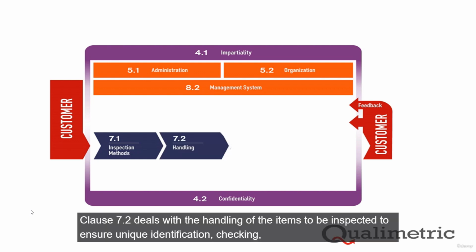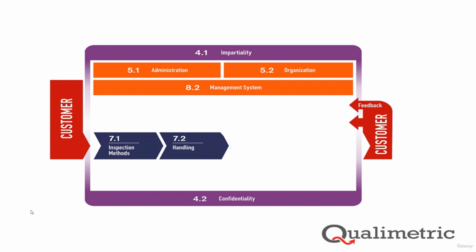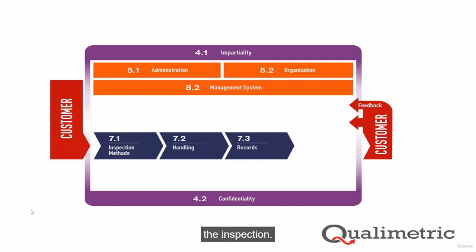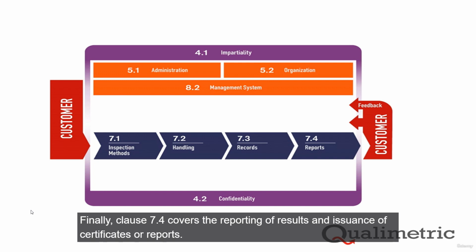Clause 7.2 deals with the handling of the items to be inspected to ensure unique identification, checking preparation, handling, and storage of inspection items. Clause 7.3 covers the records of the inspection and traceability of records to the personnel who perform the inspection. Finally, Clause 7.4 covers the reporting of results and issuance of certificates or reports.